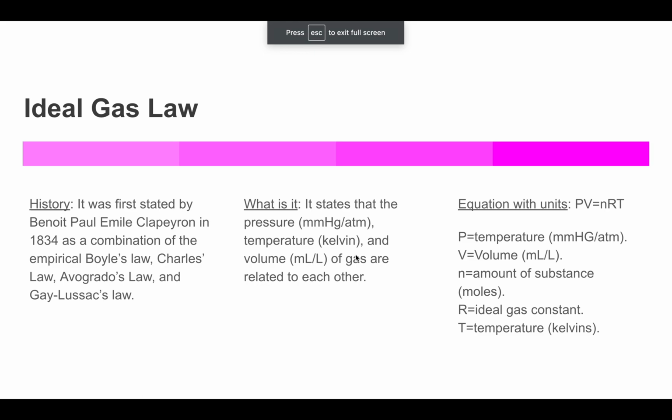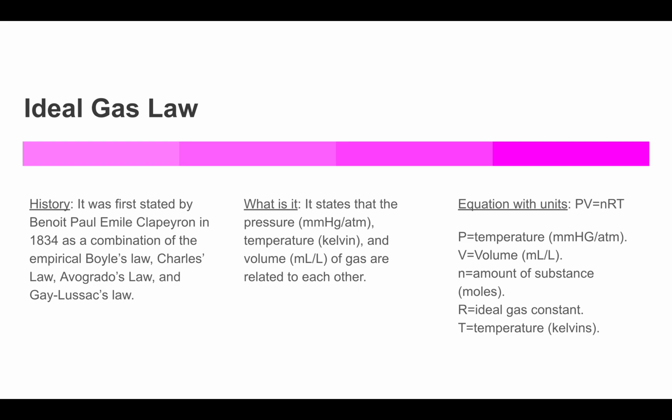So the last and final law we'll be discussing is the ideal gas law. Some history behind it is that it's basically a combination of the empirical Boyle's law, Charles' law, Avogadro's law, and Gay-Lussac's law. The only difference between this one and the combined one is that it adds in Avogadro's law, which includes moles.